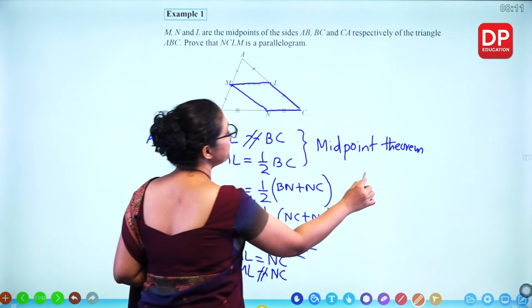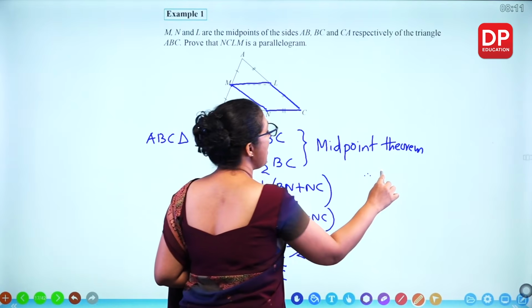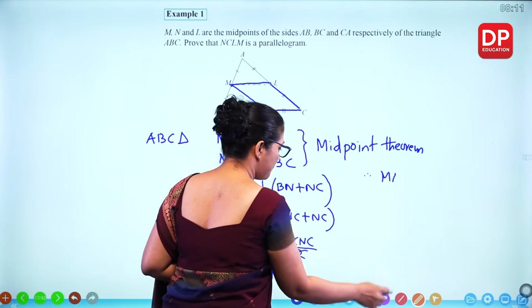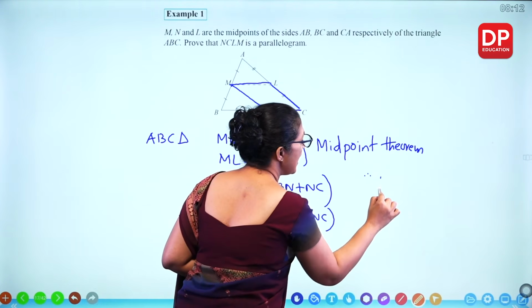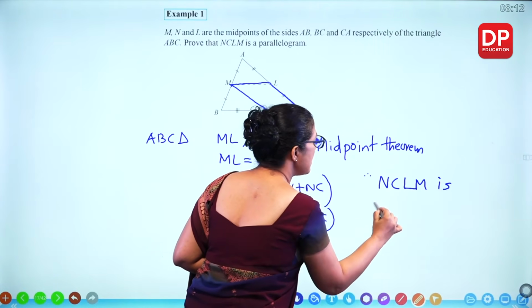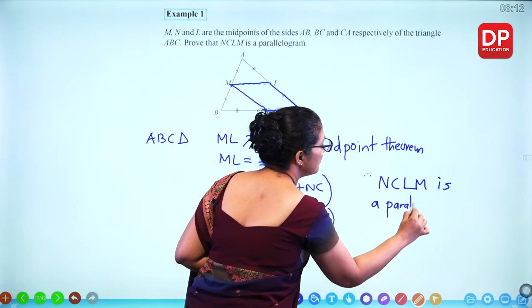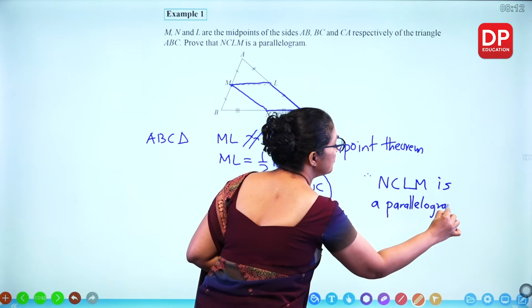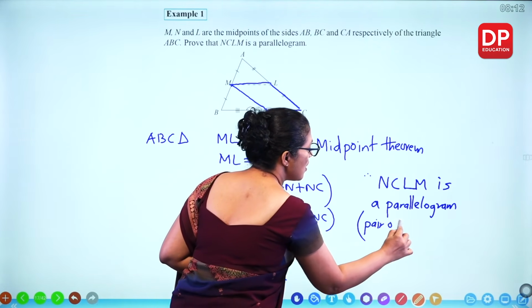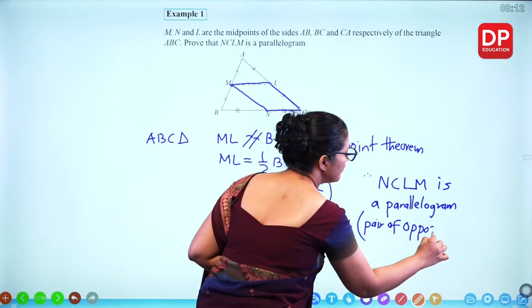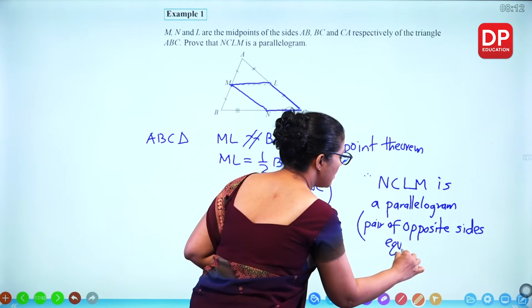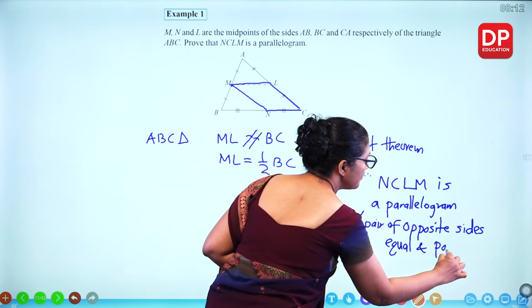So, therefore, we can write NCLM is a parallelogram. What's the reason? Pair of opposite sides equal and parallel.